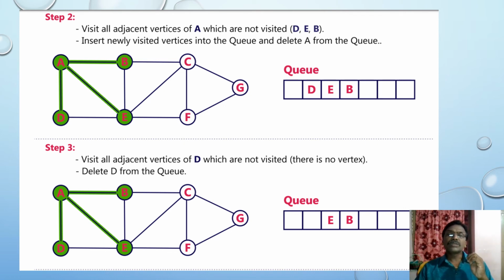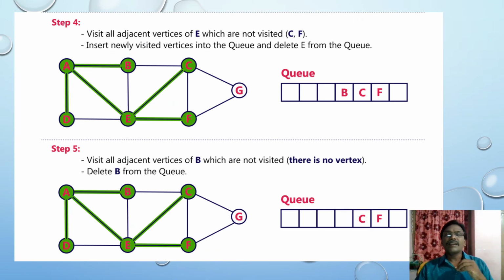Then choose the next vertex in the queue, that is D. D's adjacent vertices: the only candidate non-visited vertex is E, but sorry, E is already in the queue, so it is a visited vertex. So next, pop D and move to E.